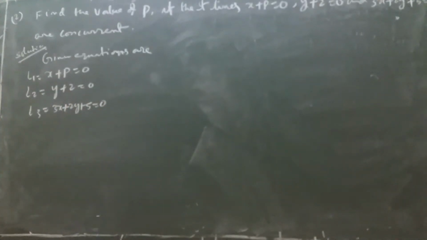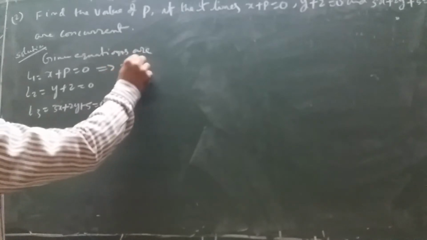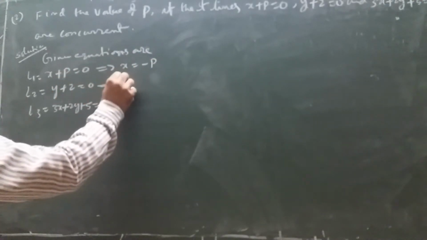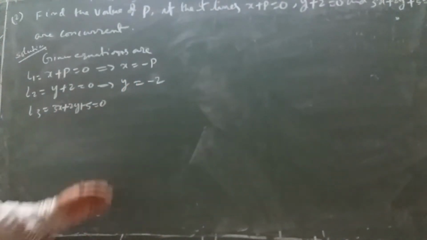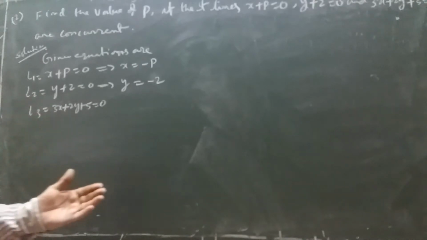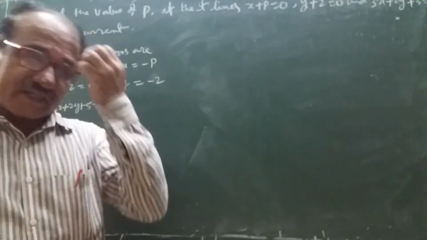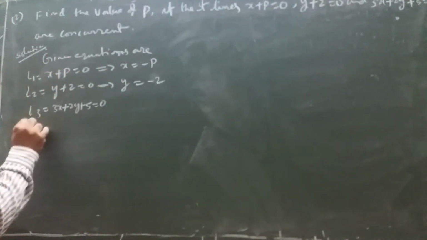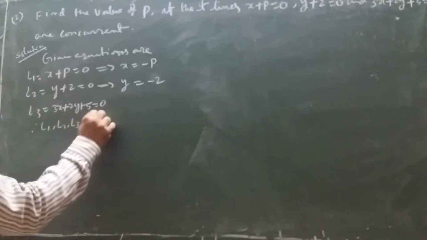From the first equation, we can find the value of x, that implies x is equal to minus 3. Here we can find the value of y is equal to minus 2. Since L1, L2 and L3 are concurrent, we can put the values of x and y in the third equation.